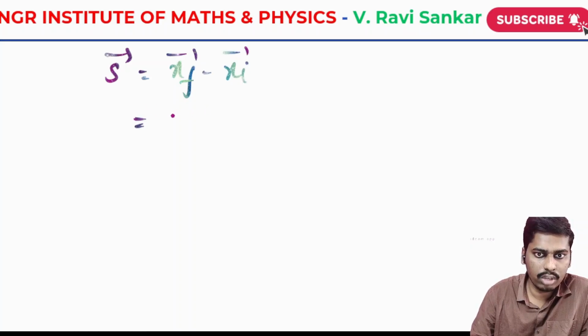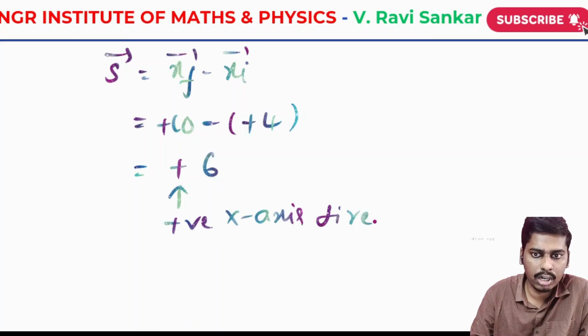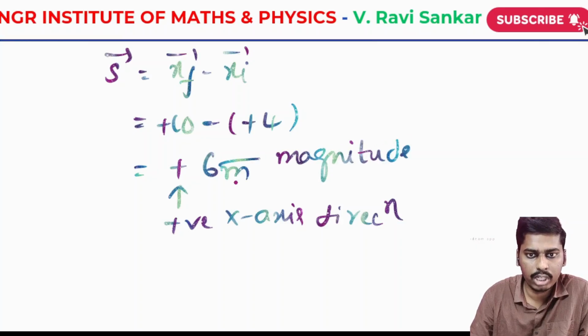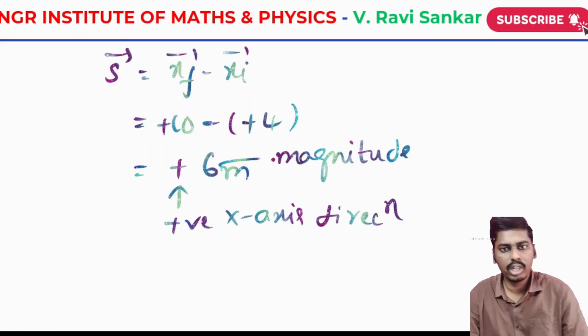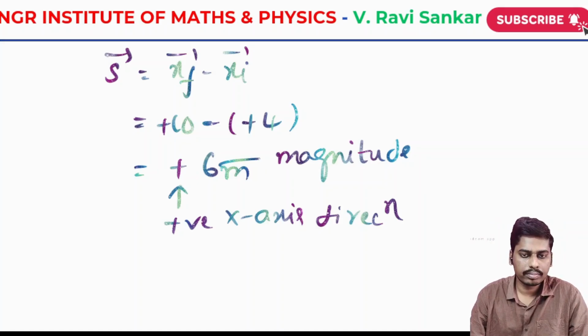This is equal to x final is plus 10 minus plus 4. This is equal to plus 6. Here plus denotes the positive x-axis direction, and 6 denotes magnitude. If they are taken in meters, you can write meter here. If they are taken in kilometers, you need to write kilometer, whatever it means.